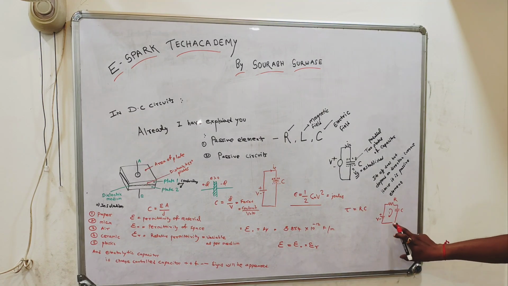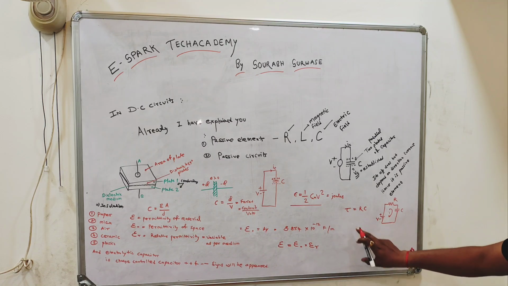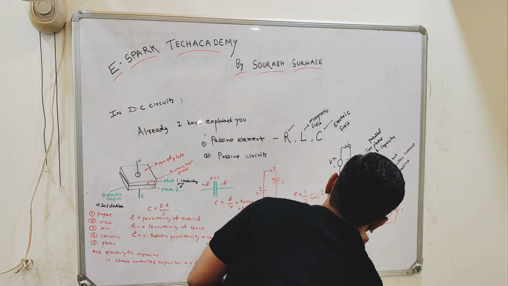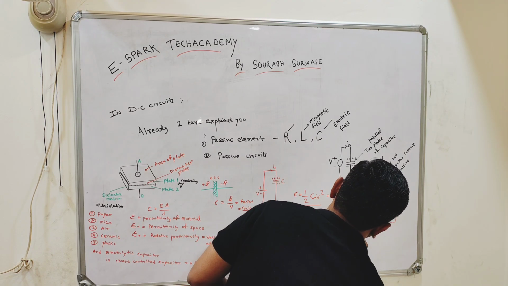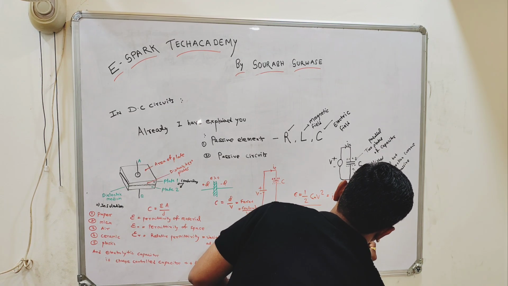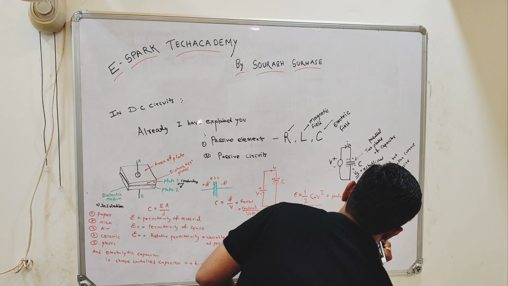For this RC circuit, tau is equal to RC. Tau is nothing but a time constant to charge or discharge a capacitor.